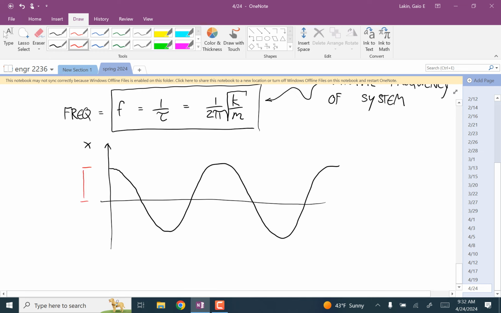This distance and this distance are both L. The cycle repeats itself here, and it also repeats itself here.